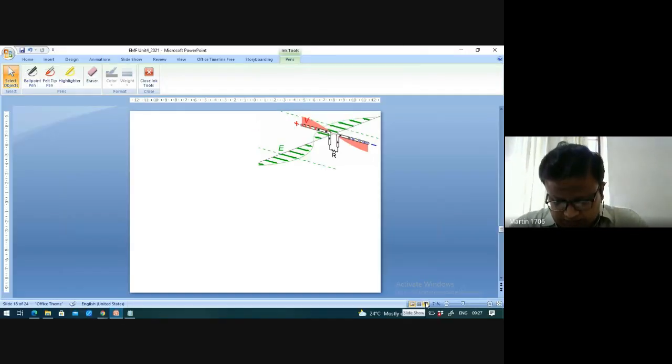So now we're going to explore what is meant by the Poynting vector. Let me go ahead with the theorem proof.